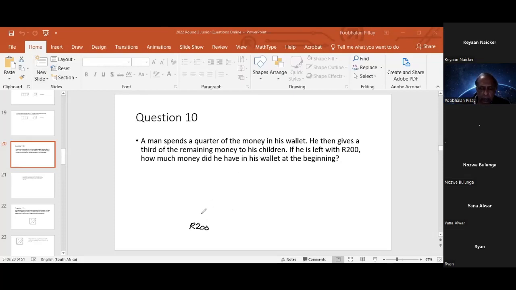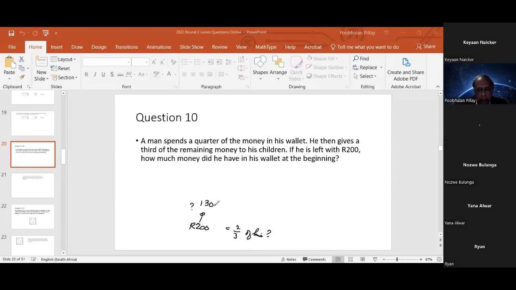So just before that, how much must he have had? You take away a third of this amount and you're left with 200. So 200 represents 2/3 of his money, which means the amount before would have been 300.